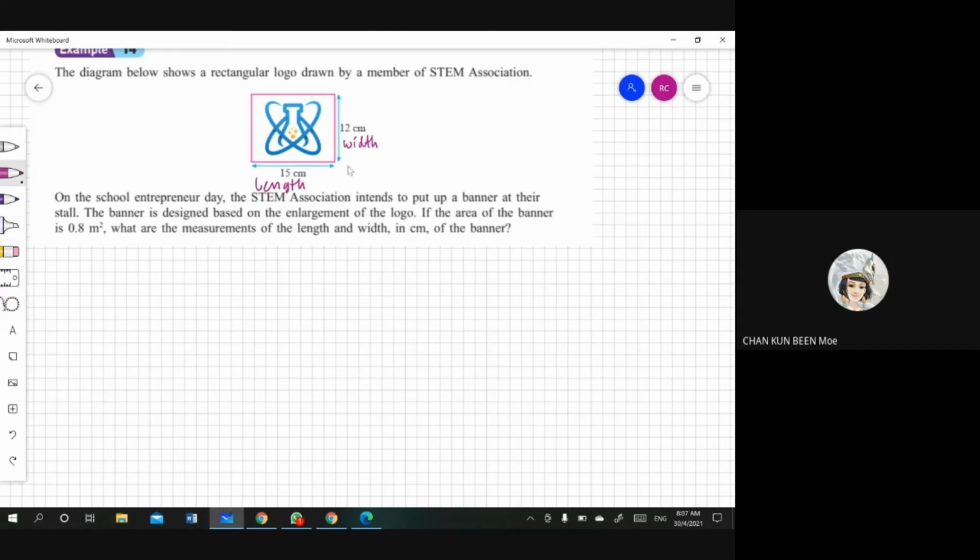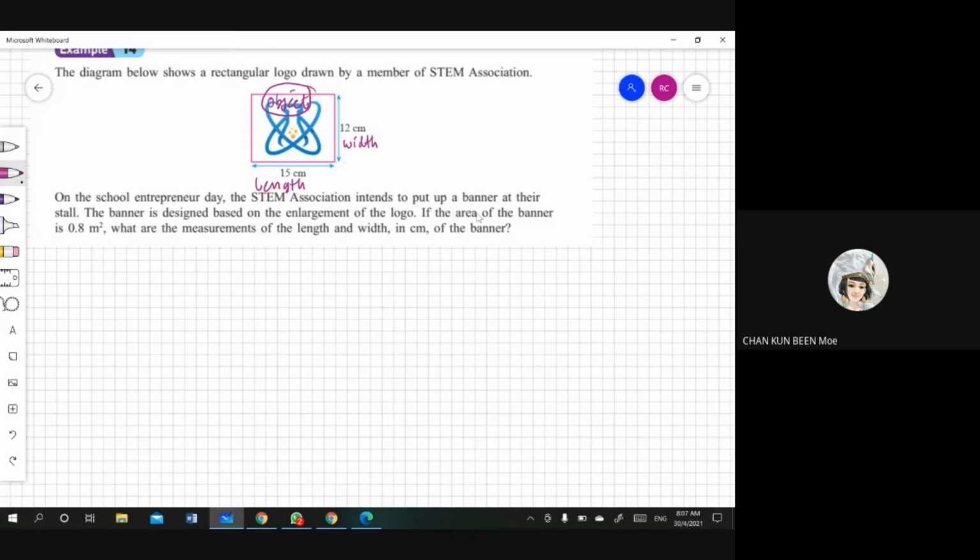Based on the enlargement of this logo, is the logo the object or the image? Object. Yes, very good. This is the object, so I write it down. Remember, the logo is the object.